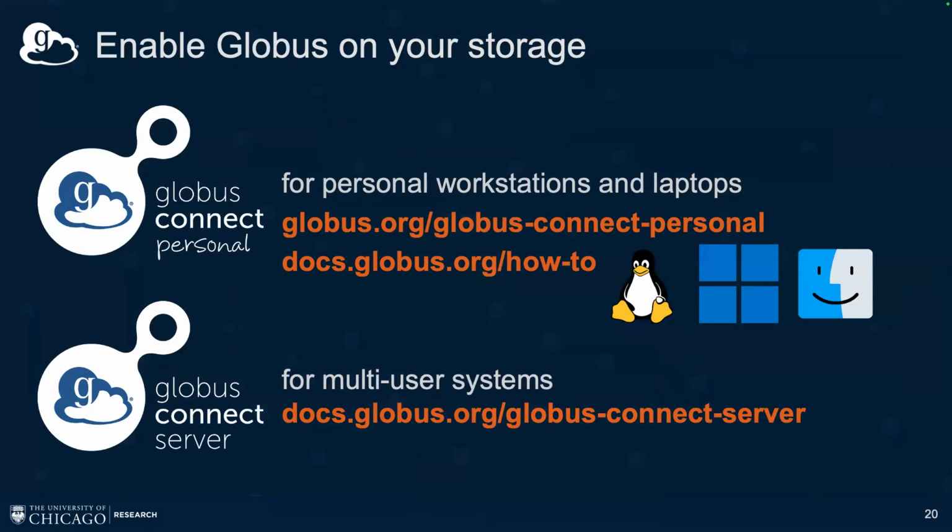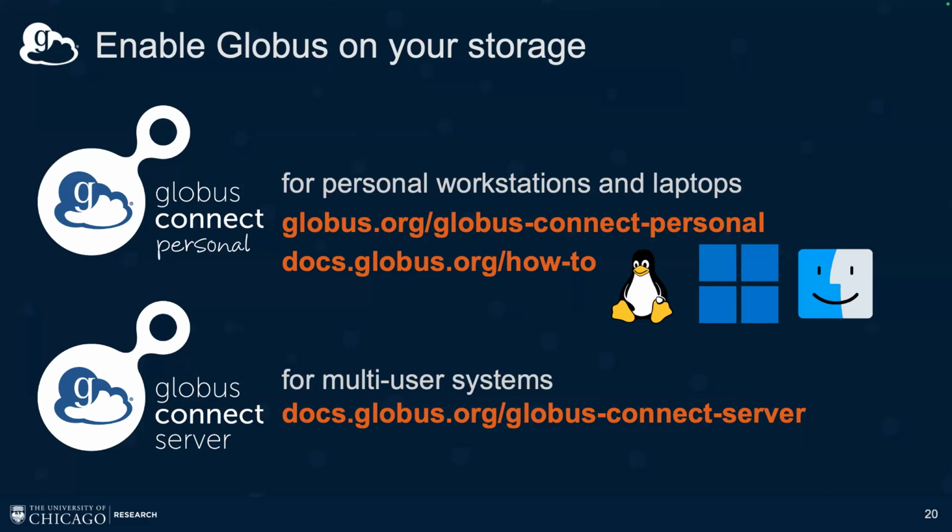There are two flavors of Globus Connect. There's Globus Connect Personal, and that is really meant for storage that's only being used by one person. Your laptop is a classic example. That would be for storage on your laptop, or maybe your external hard drive that's connected to your laptop. And then there's Globus Connect Server, and that you'd install on systems that are used by many people.